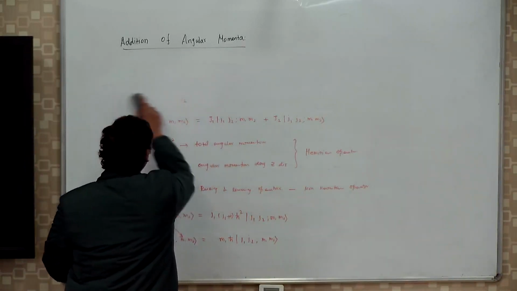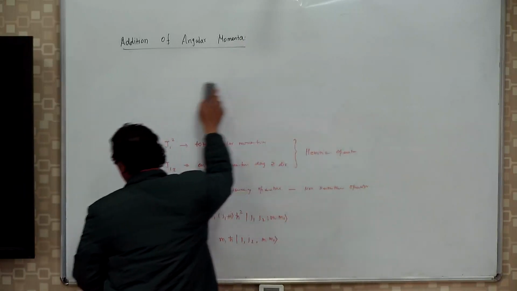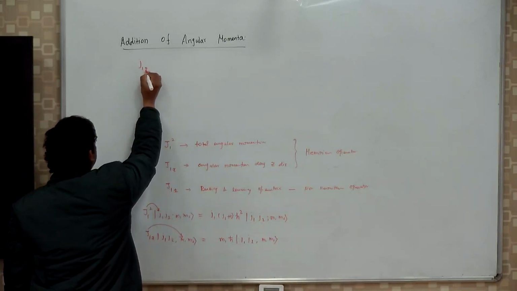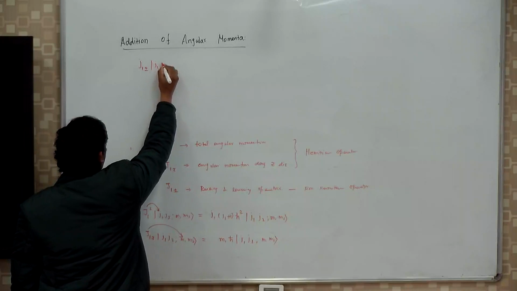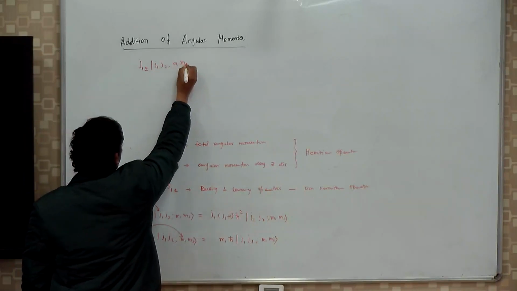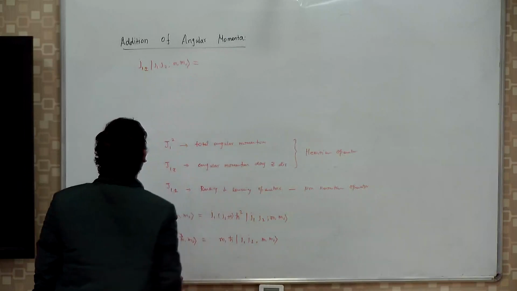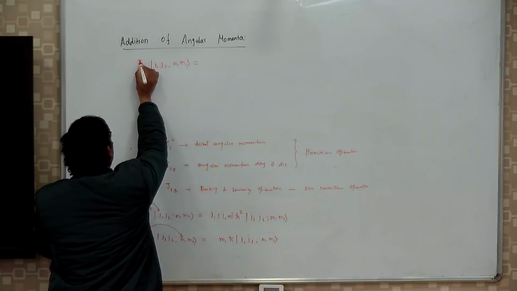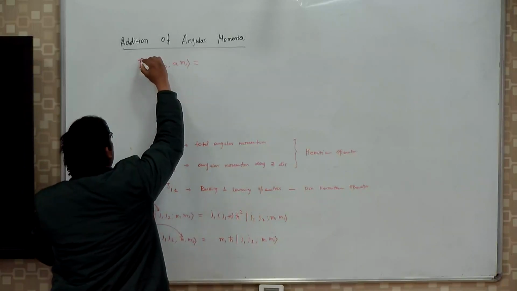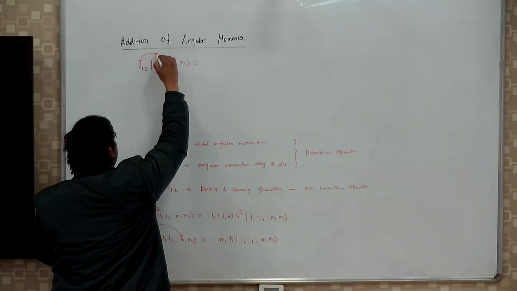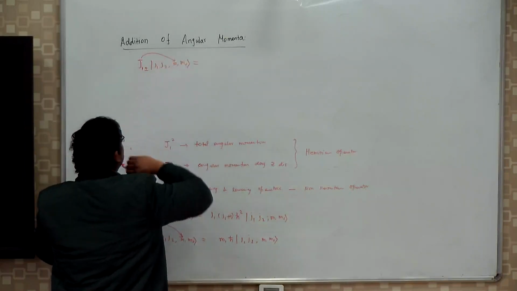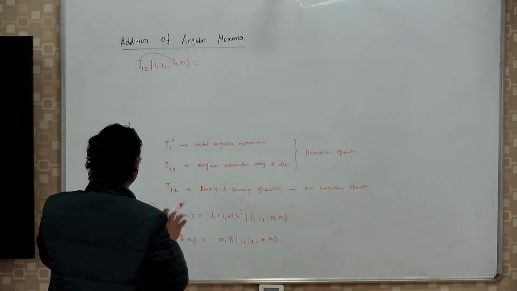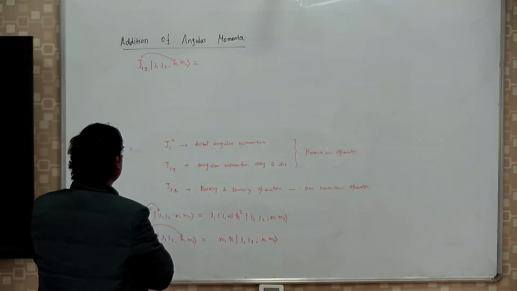When the raising and lowering operators, J1 plus minus, act on the combined state vector, they play with the magnetic quantum number m1, because J1 and m1 are associated with the Hilbert subspace H1.